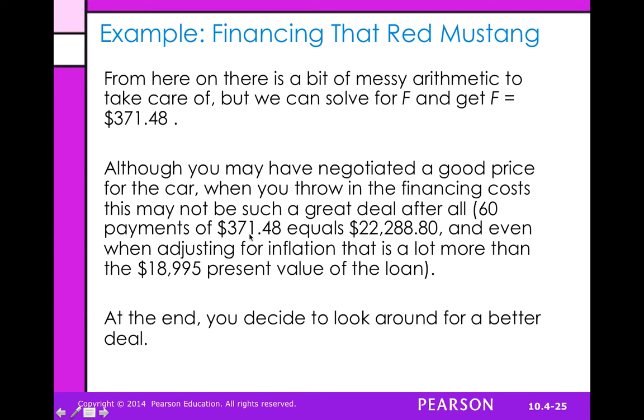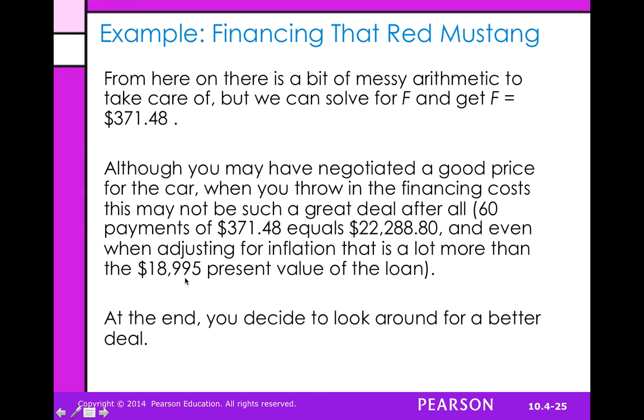Because if you think about it, you're going to make this payment monthly for 5 years, which means you're going to write 60 checks, all of this amount. 60 checks, all of this amount totals to about $22,000. Even when adjusting for inflation, it's happening over 5 years, that's quite a bit more than this 19 grand you borrowed.